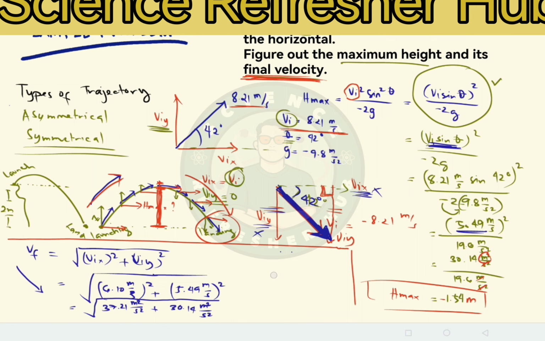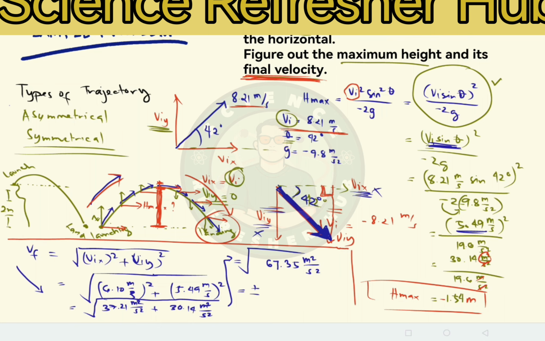But yeah, don't forget, we use this equation to get the VIY and the VIX. Let's continue. We will add now 37.21 plus 30.14. The answer is 67.35 meters squared second squared.